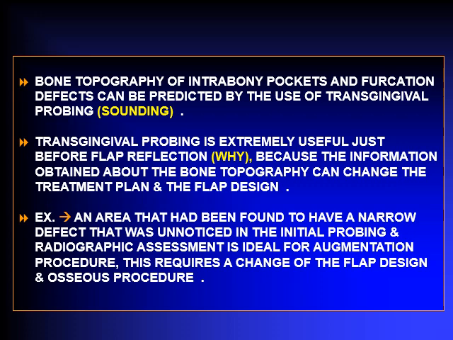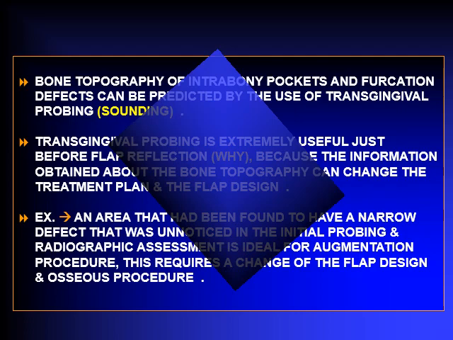So this requires a change of your flap design and the osseous procedure. If you fail to detect the bone topography of the area, you will not change your treatment plan or your flap design, and there will be a failure.